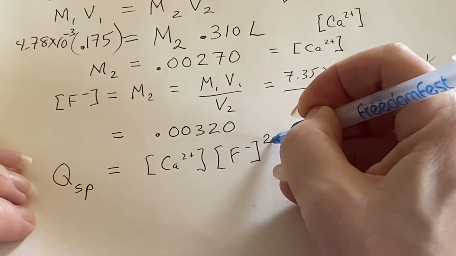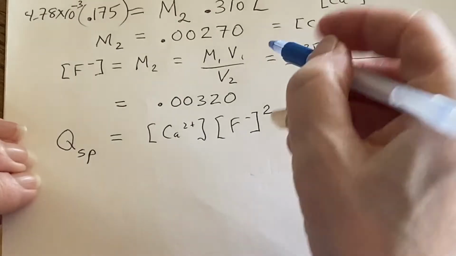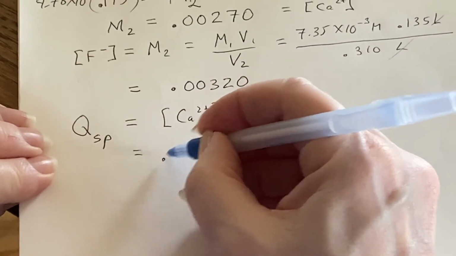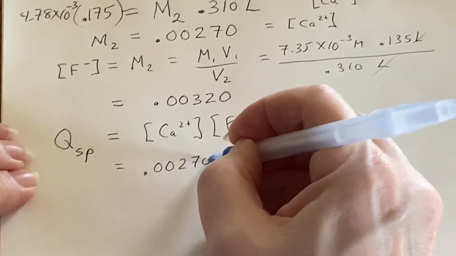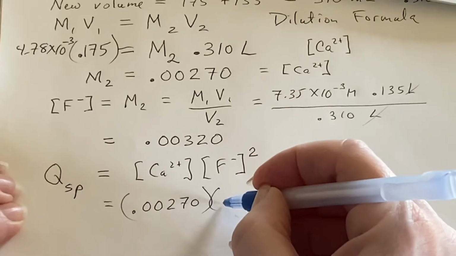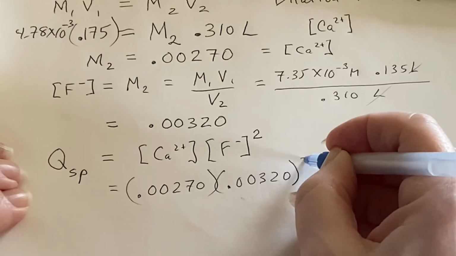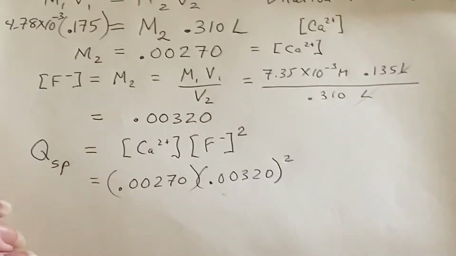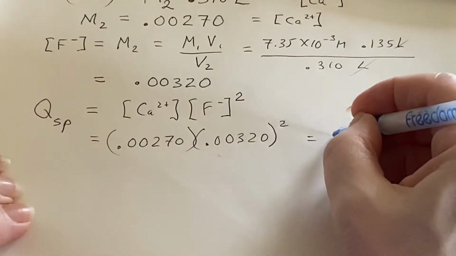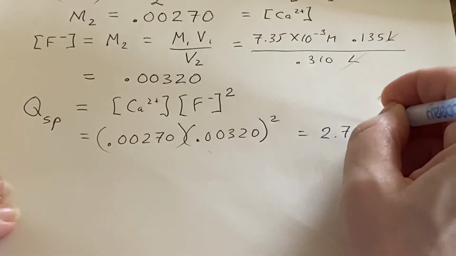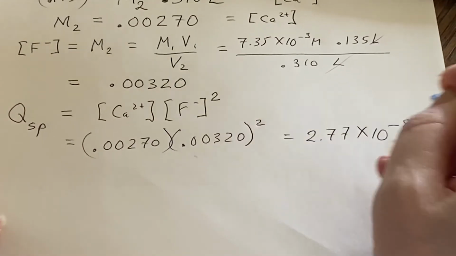And then, of course, this one is squared. So when I put these two numbers in, I'll have the 0.00270 for this one. And then I'll have the 0.00320 for the fluoride, but I have to remember to square that one. When I put that in, I'm going to get 2.77 times 10 to the negative 8.